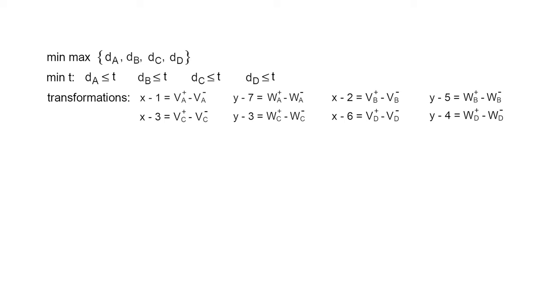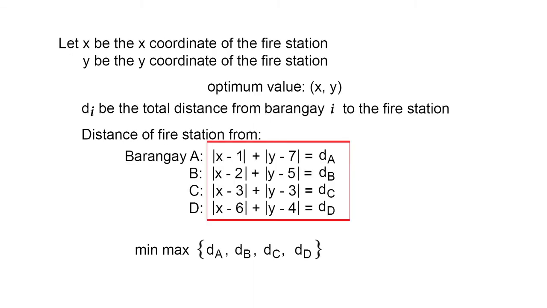We just included our transformations, but we have to denote that dA is equal to the sum of the absolute values in A, dB is the sum of the absolute values in B, and so on and so forth. So, using our previous transformations, we have our constraints as dA is equal to the absolute value of x minus 1 plus the absolute value of y minus 7, which we have previously transformed.